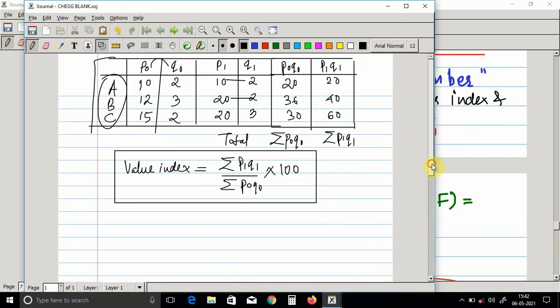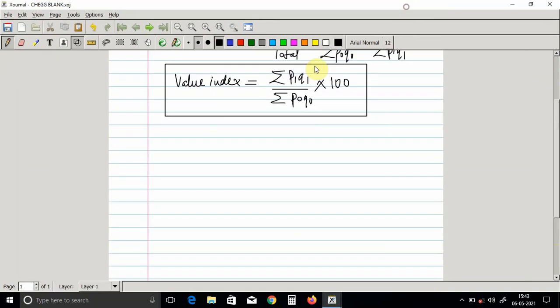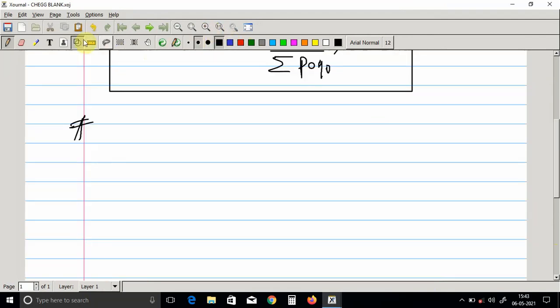So let me mention over here, I have one more index number called the Dorbish-Bowley price index number.